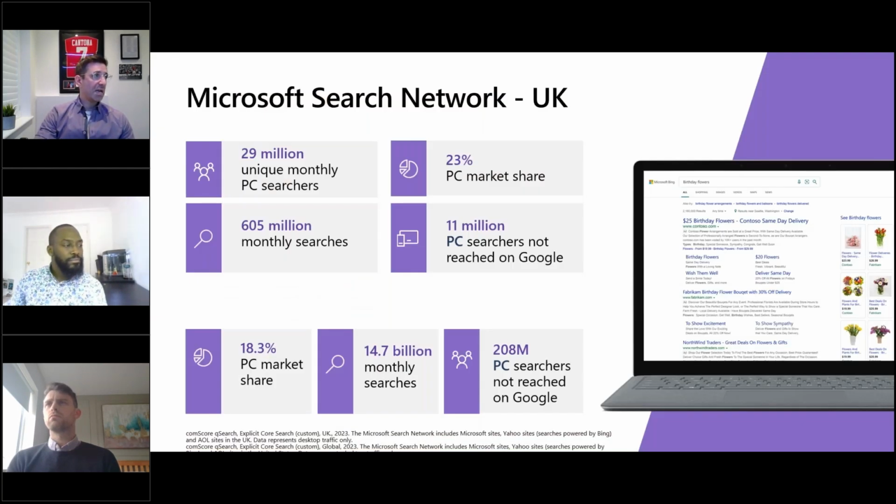So to touch on the UK just a little bit more deeply, 29 million unique monthly searches. We have a unique set of searches not reached on other publishers. 23% PC market share, as I mentioned, and a hefty number of monthly searches. Difficult to ignore.